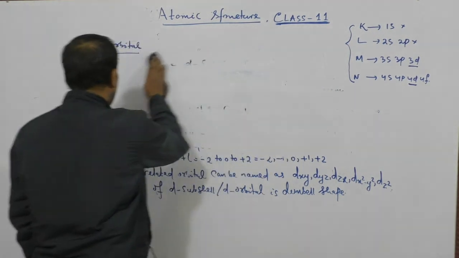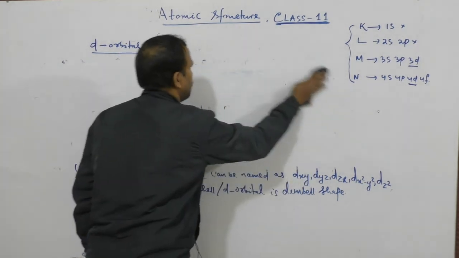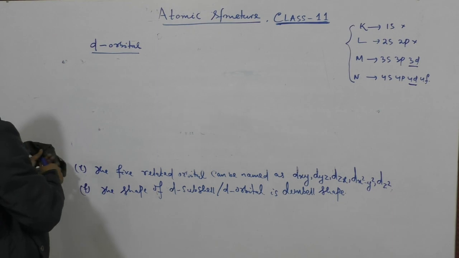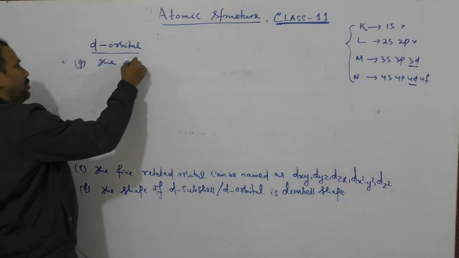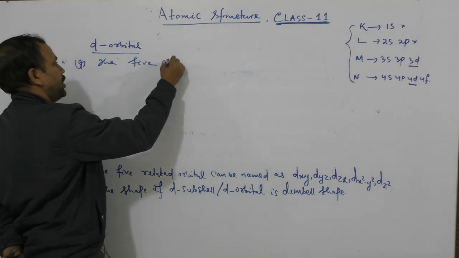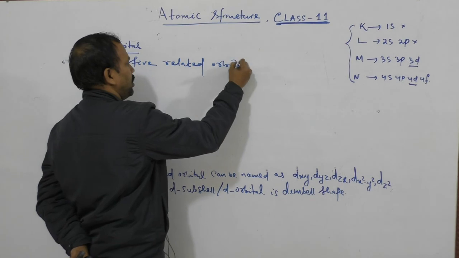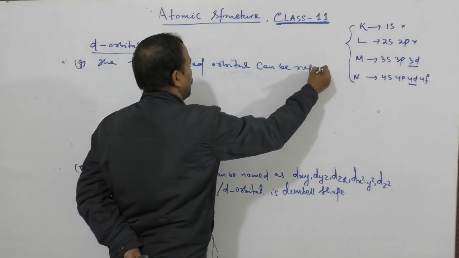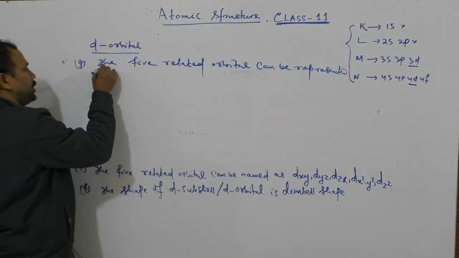The 5 related orbitals can be represented as follows.